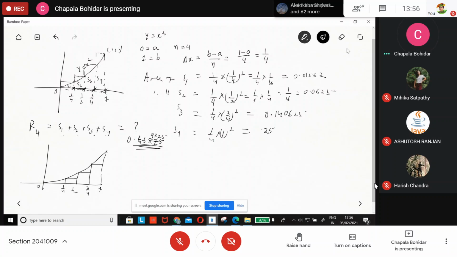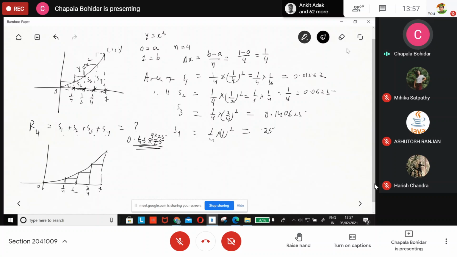To find the area of these rectangles, we use the left end point here. Because you see, for the first one we are not finding any area, it is just a line, the height is 0. Here the height is this one for this curve, and for this rectangle the height is this one.